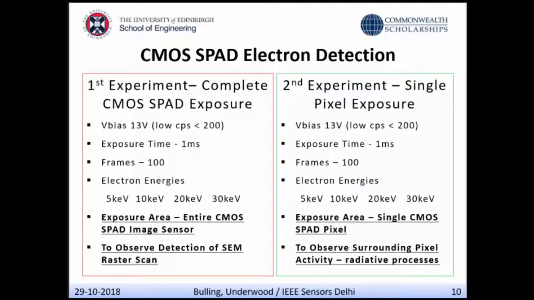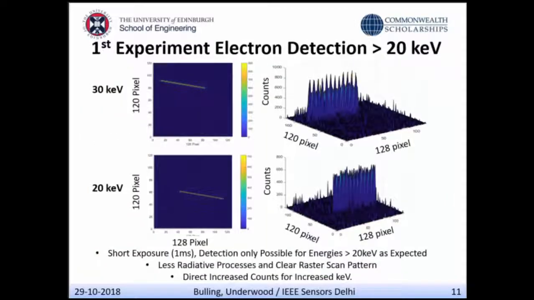So, first experiment: as you can see, we were able to detect electrons, which is great, and as expected, we were able to see detection at energies greater than 20 keV. We weren't able to see anything lower than that. There was very little radiative processing as a result of secondary effects, and you can clearly see, with the exposure time of 1 millisecond, the raster scanning across those pixels.